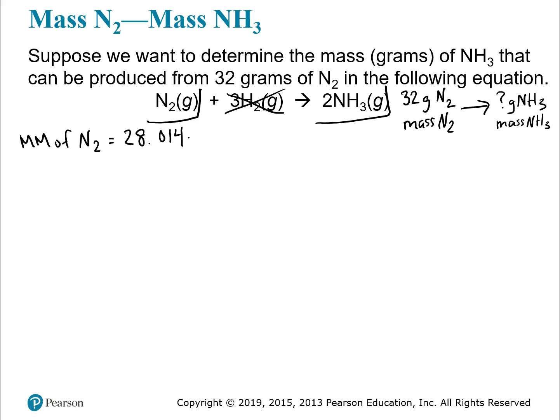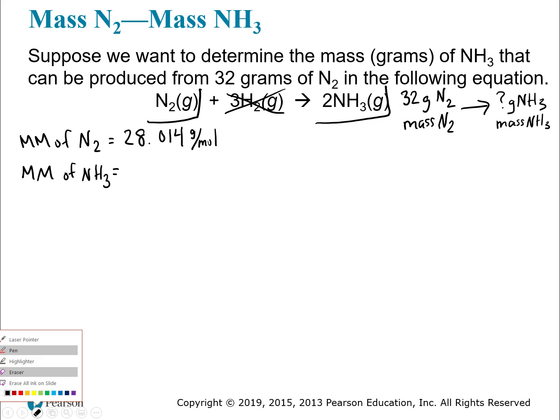Again, my periodic table may have more significant figures than the one in your book, but it's the same process, and you should get roughly the same answer. I'm not going to write out how I get it, because that's just going to take a lot of writing. Just going to give you the final answer.